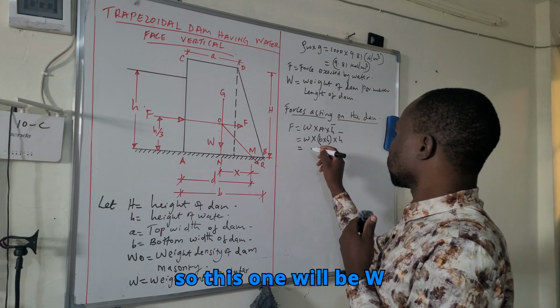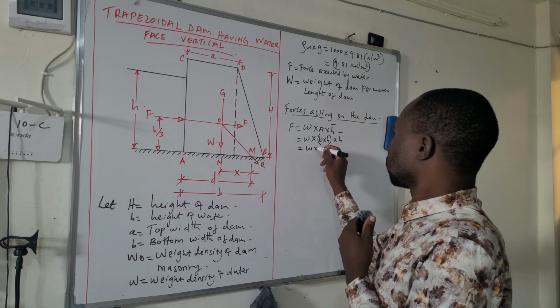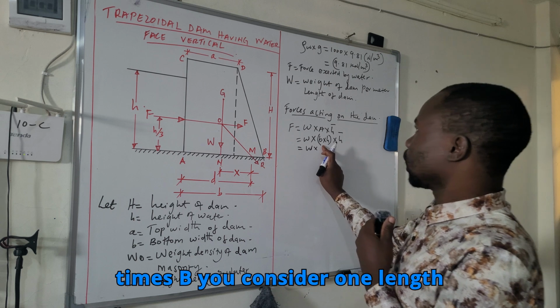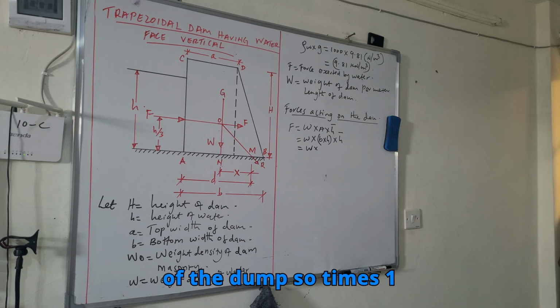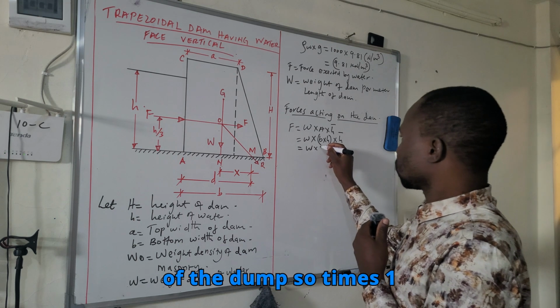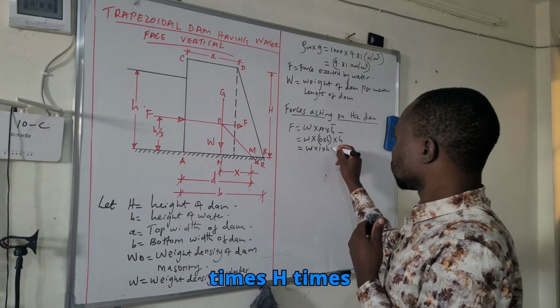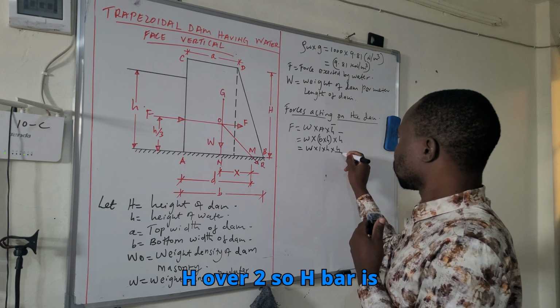So this will be w times b, we consider one meter length of the dam, so times 1 times h over 2.